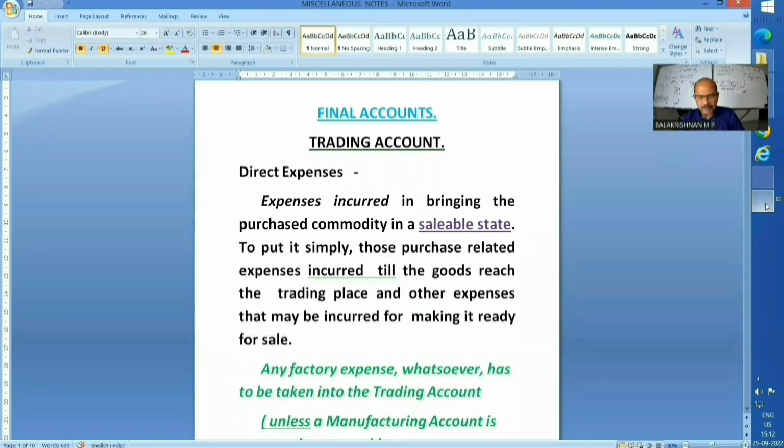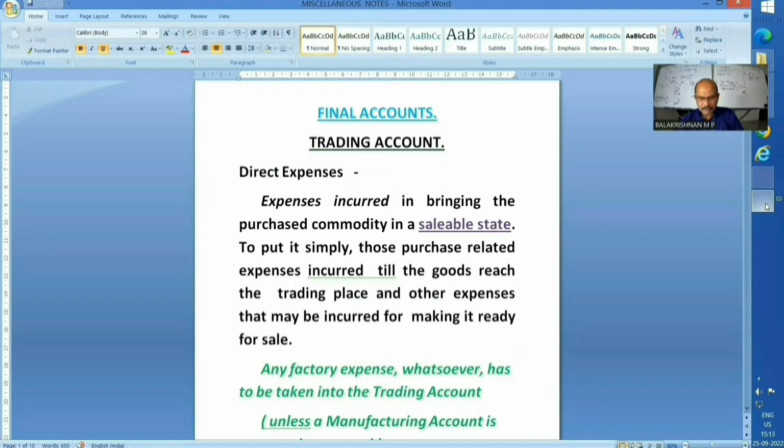What are direct expenses all about? Expenses incurred in bringing the purchased commodity into a saleable state. To put it simply, those purchase related expenses incurred till the goods reach the trading place, and other expenses that may be incurred for making it ready for sale.